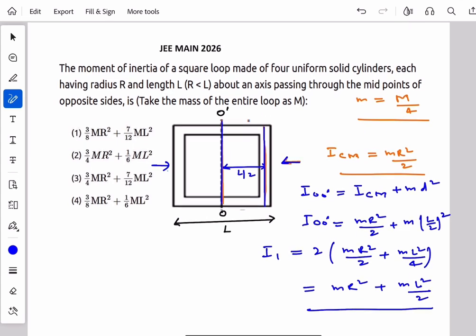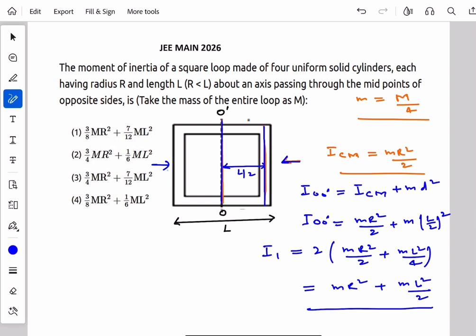Now let us come to the cylinder at the top position of the square loop. The axis O dash is perpendicular to the axis of this cylinder, and this axis O dash passes through the center of this cylinder.